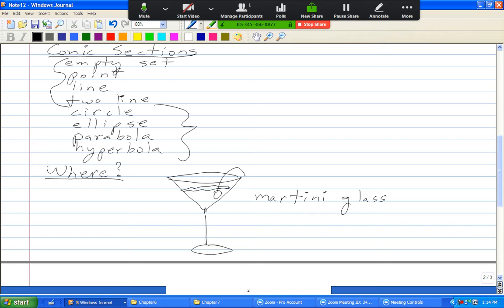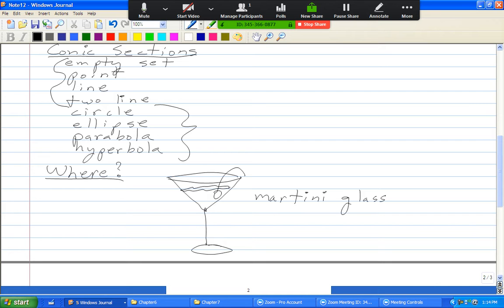If you look at it, initially you'll see a circle. Slightly tip it to drink it, you'll then see an ellipse. Tip it more, then a parabola, hyperbola, line, and then finally a point.